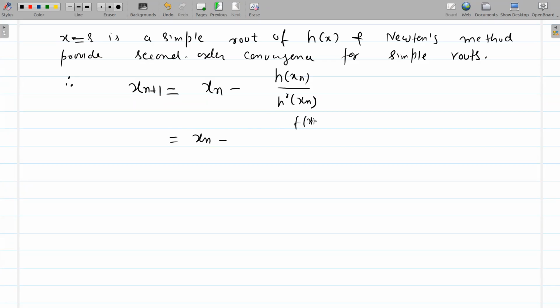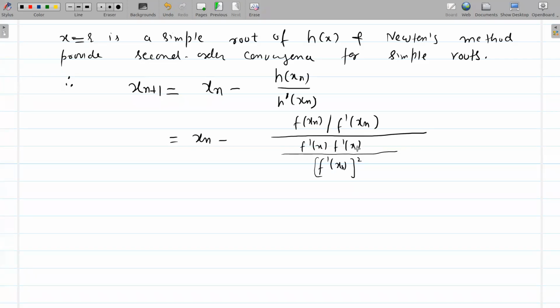This is f(xn) by f dash (xn). And what will be the derivative of h? Apply the u upon v formula. So f dash (xn) square, then here you get f dash x minus f(x) f double dash, writing xn here.